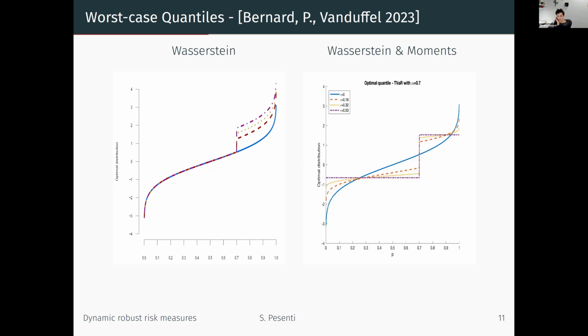And if epsilon is large, in this case the violet line 0.53, we see that epsilon is too large, the Wasserstein distance is absent, and we get this 2-point distribution that is well known in the literature as the Cantelli bound. So we see this step function there. So this was a little illustration of different types of uncertainty sets.